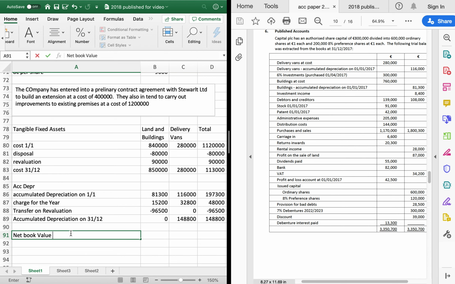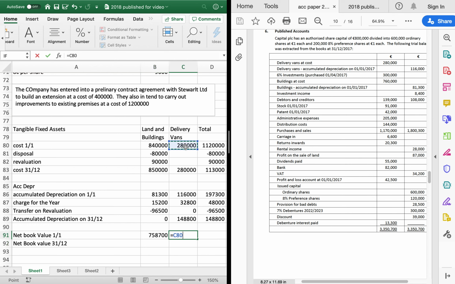Okay, so then you're looking at your net book value at the start of the year and net book value at the end of the year. So your net book value at the start of the year, 840 minus 81.3, which is 758,700.